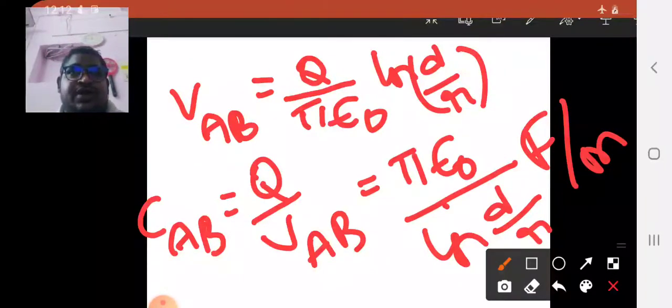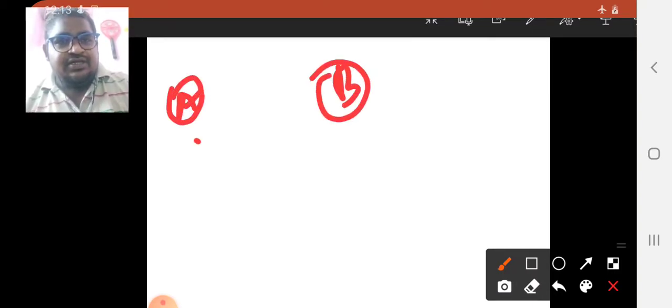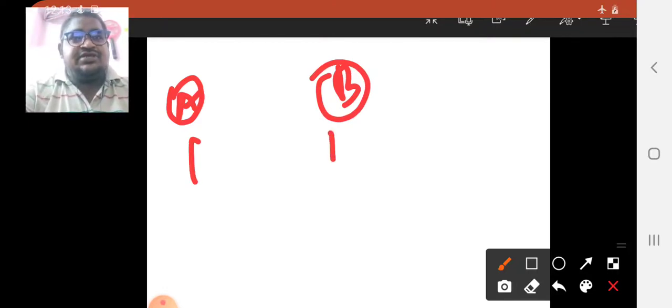Capacitance of two-wire line to neutral. Often it is desired to know the capacitance between one of the conductors and the neutral point between them. Suppose I have the two conductors A and B, and the capacitance which exists between those two is what we discussed in that equation.